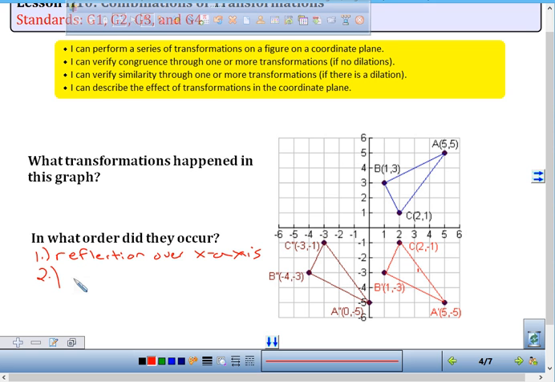So now we have to be specific with our translation. We have to write a rule. Remember, it's x, y translates to what happened? Did it go up or down? X minus 6. Why did you say that, Tim?